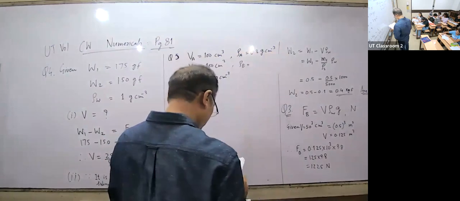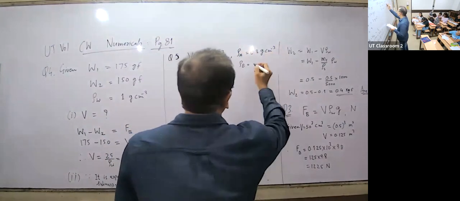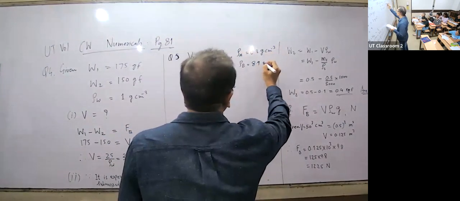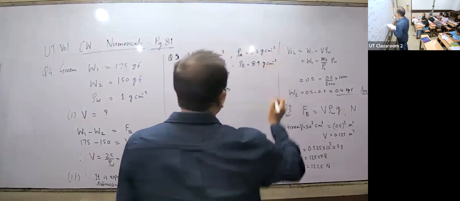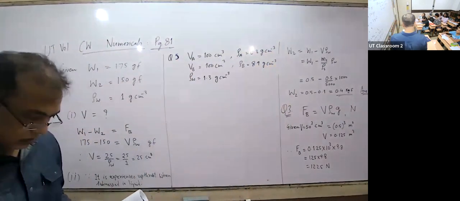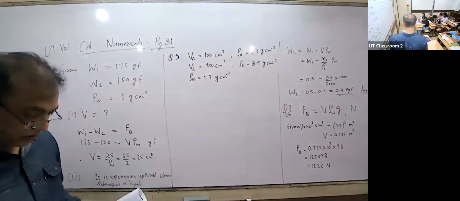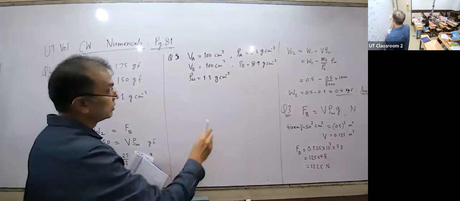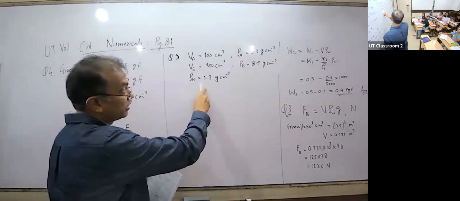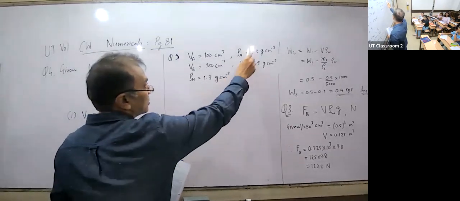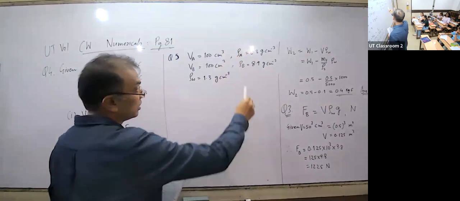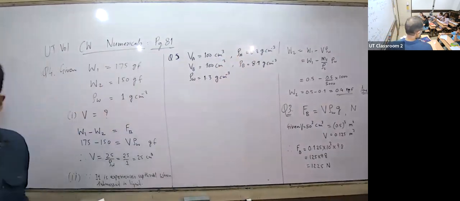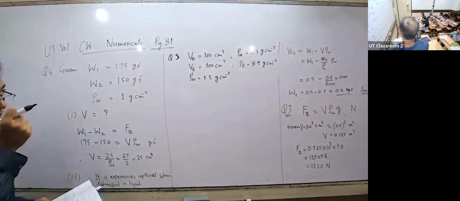How much is sphere B density? 8.9 gram per cubic centimeter. Okay. Now, which one will float and which one will sink? You can easily make out. Density of water is 1.3. A's density is less, so A will float. B will sink. So you can just say it like that.